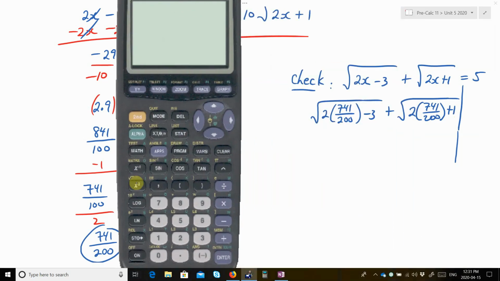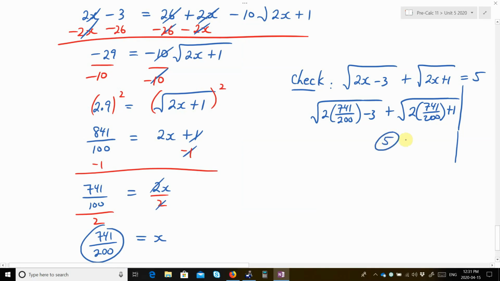I'm going to go second function x squared to get square root. We have to have 2 times that fraction, 741 over 200 minus 3, and then I have to close the bracket for that first square root so that the 3 is under the square root as well, plus, open a new square root, 2 times 741 over 200 plus 1, close bracket around the 1. Does this equal 5? Yes! Perfect. Okay, so x equals 741 over 200 is a good answer.